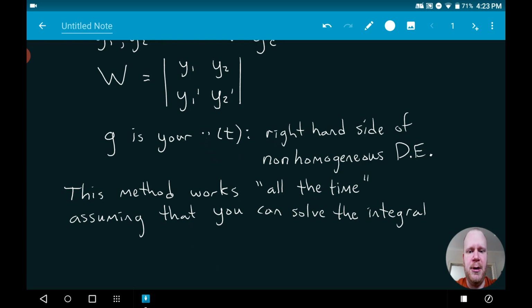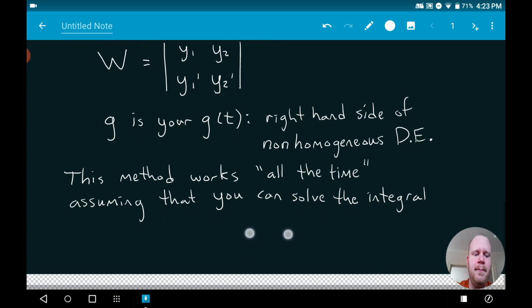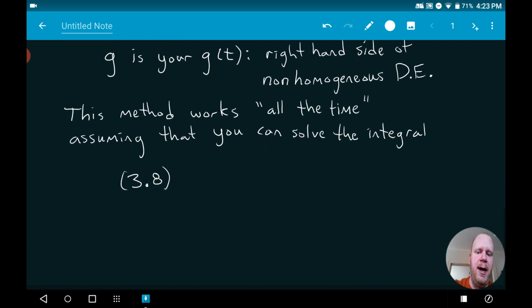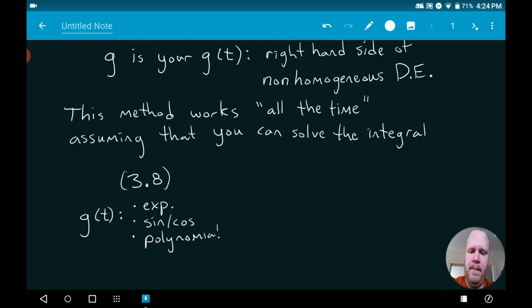And in addition to knowing how to do both methods, you should also know how to distinguish when it's a good idea to use one method for finding the particular solution over another one. So the big deciding factor here, in my mind, is for the 3.8 method, if your g of t looks like this, all right, it's either got an exponential, a sine or cosine in it, or if it has some kind of polynomial, like I wrote up top.